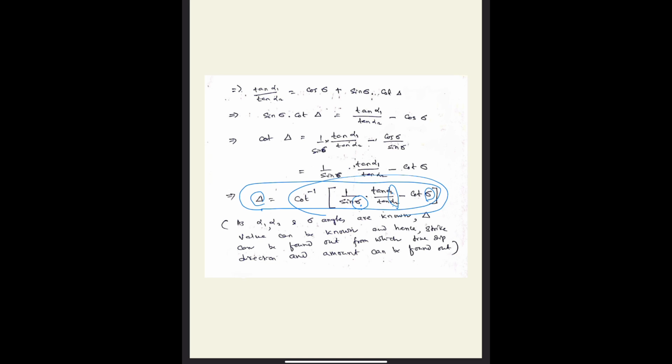Perpendicular to the strike will be the dip direction. So we have got two apparent dip directions, two apparent dip amounts, and the strike value. Now we can easily find out the dip amount. So alpha 1, alpha 2, delta are known, and hence strike can be found out, from which true dip direction and amount can be found out.